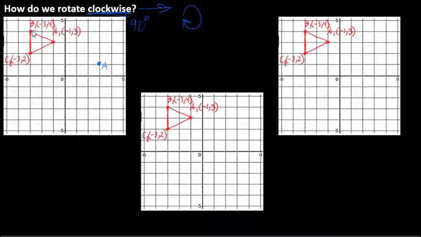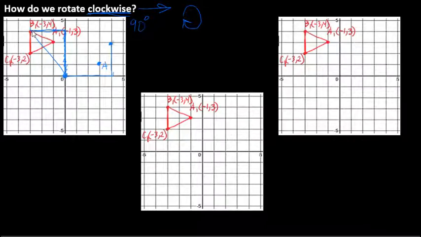So now I'm going to go with B. And like I talked about earlier, this is quite tedious. I'm going to come out 4, because that's how long this is, and I'm going to go 3 up.